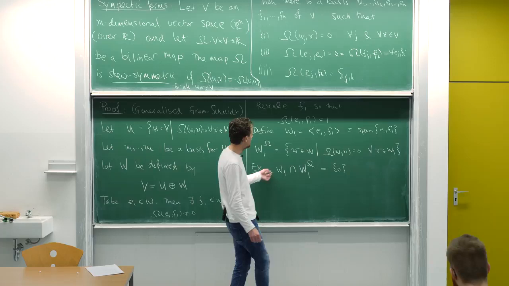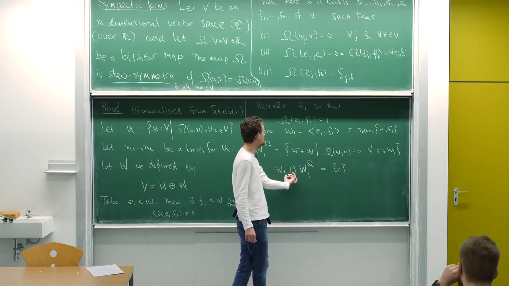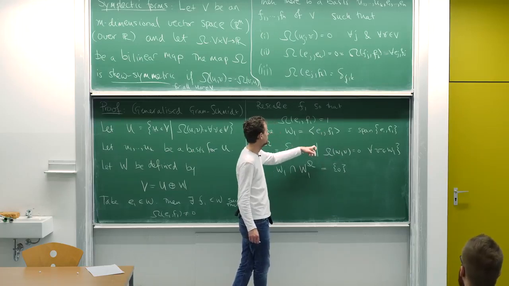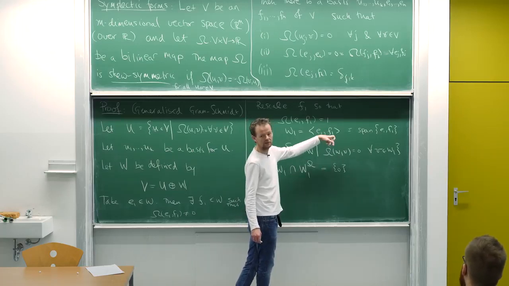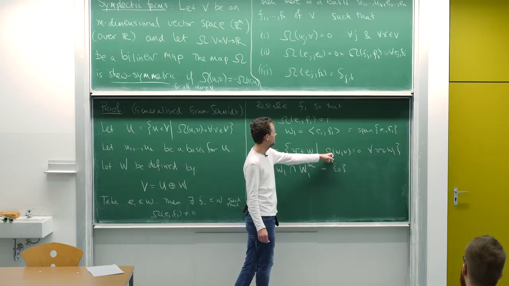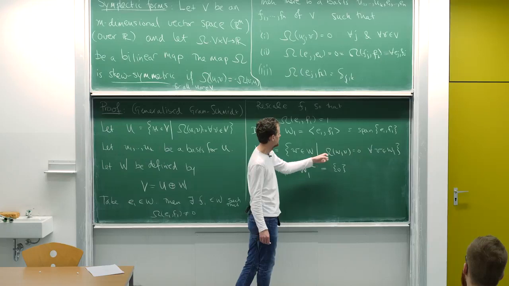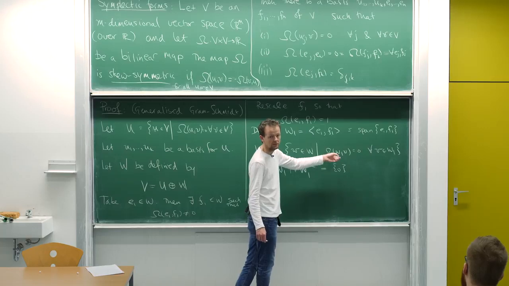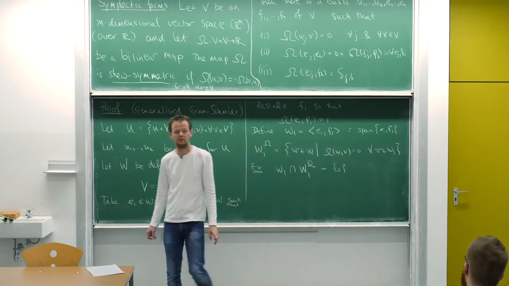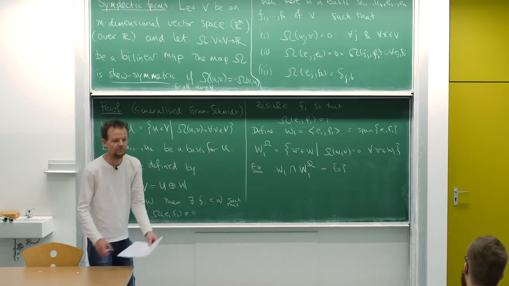Suppose there is something in this intersection here. Well, then it's some linear combination of E1 and F1, right, because it's in there. And then compute the skew-symmetric map on your w, use linearity, run it over all vectors v in W1, and you'll see that the only possibility is 0.